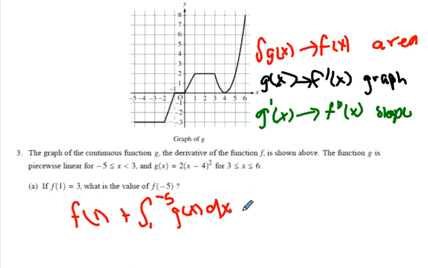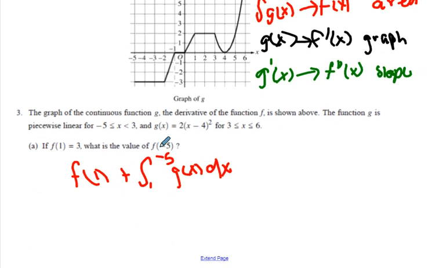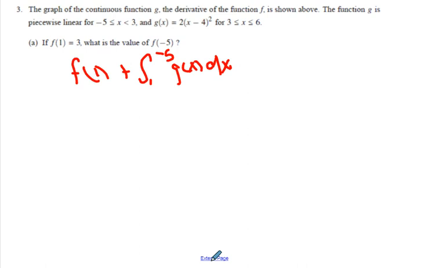Now, remember, when we have an upper limit that is not the positive or bigger value, we need to switch them. So really, this is f of 1 minus the integral from -5 to 1 of g of x dx.